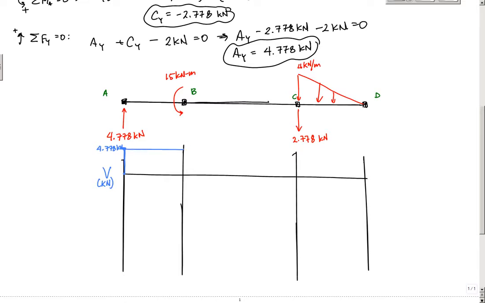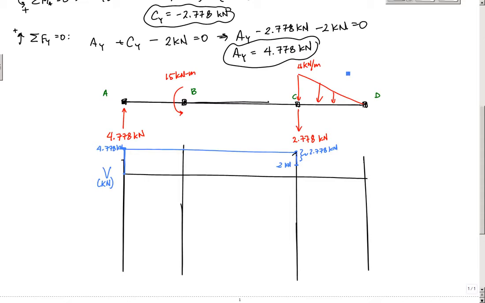The concentrated moment does not influence my shear diagram, so I keep going across. Now I have a concentrated load of 2.778 kilonewtons, so I drop down a distance of 2.778, which leaves me at 2 kilonewtons. That difference is 2.778 kilonewtons, which was my change.